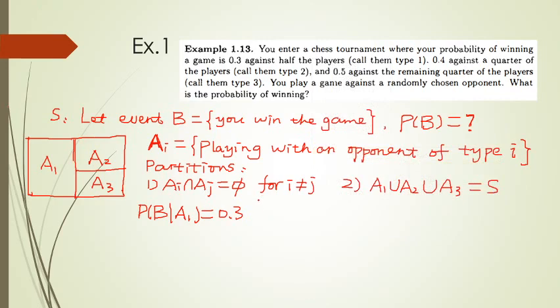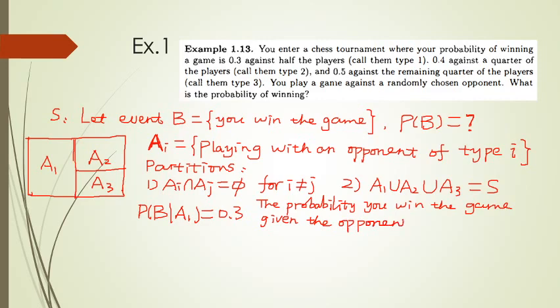So how can we understand this number 0.3? The probability you win the game, given the condition the opponent comes from type 1.